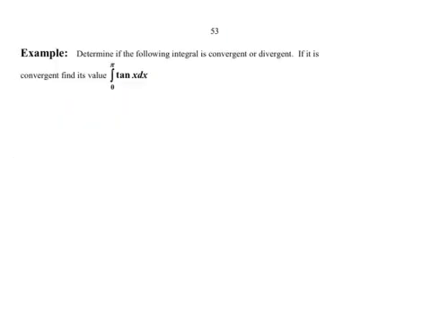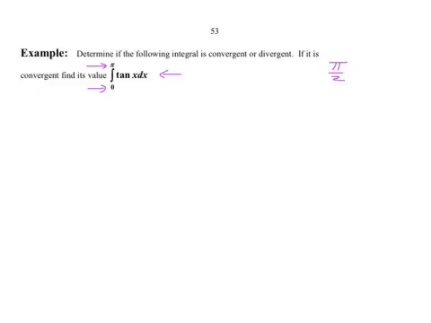Now this is another example for the second type of improper integration. You see here, we don't have infinity at the values of x. Tan x is defined at x equals 0 and x equal to pi, but tan x is equal to infinity when x is equal to pi divided by 2.